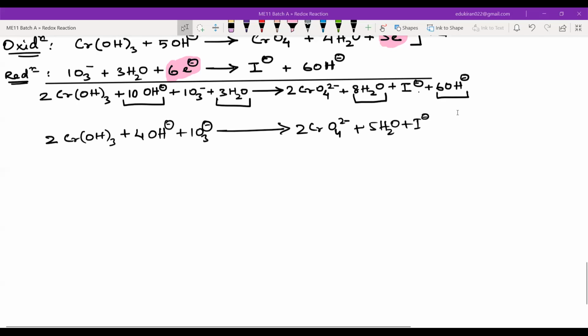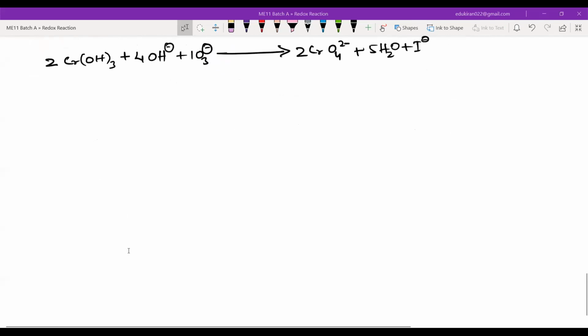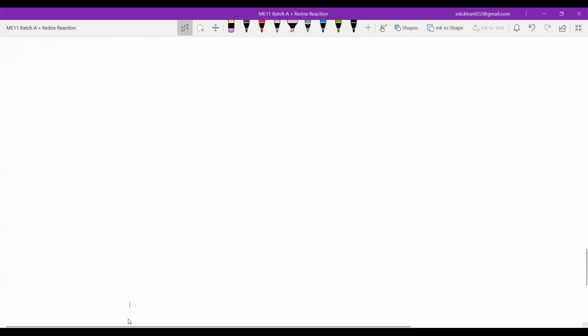We separate the oxidation half and the reduction half. Now, after separating the oxidation half and the reduction half, what happens? We keep these things in a box.